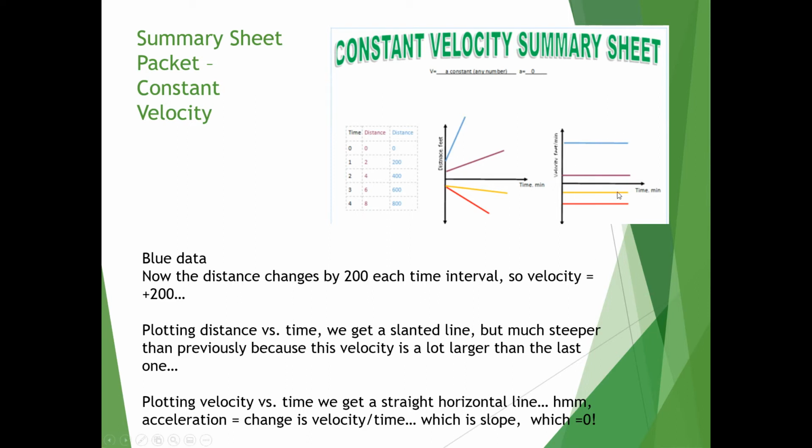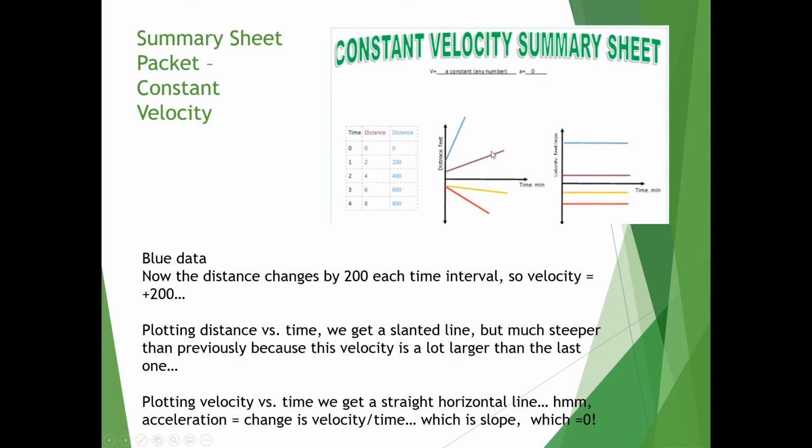And acceleration, which is change in velocity divided by time, which is the same as our slope, equals 0. So if we look at these, we can actually take the slopes of our lines here in our distance versus time and come up with our data for the velocity versus time. So here our slope, which is very shallow, is 2, the change in y versus the change in x.